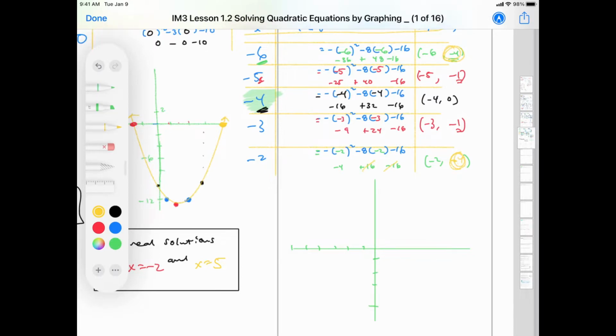All right, what do we got? -6, -4: left 6, down 4. Left 5, down 1. -4, 0. Left 3, down 1. And left 2, down 4.